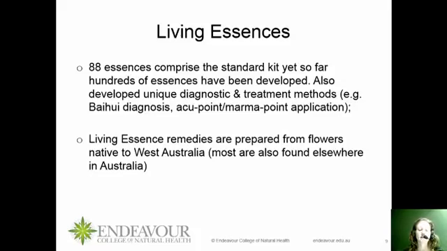Then once your 10 essences have been selected, you lay someone down on a table and place the stock bottle on the top of their head and get them to talk through their problem. And what often happens, at least in my experience with using this method, is that the conversation starts to change from the problem into recognizing the problem.